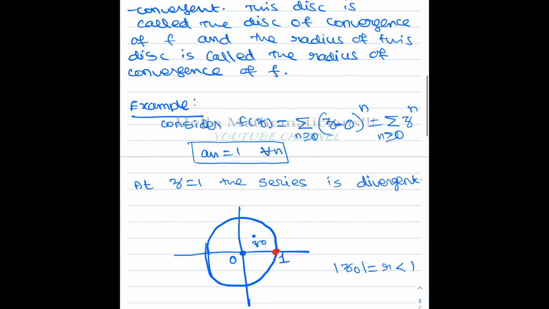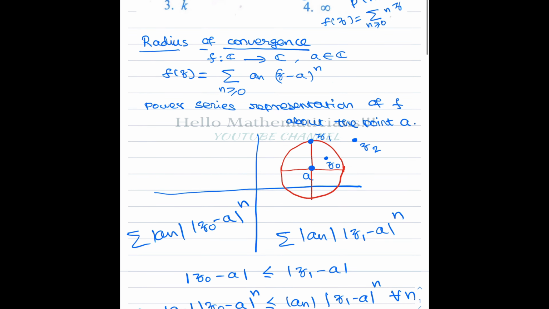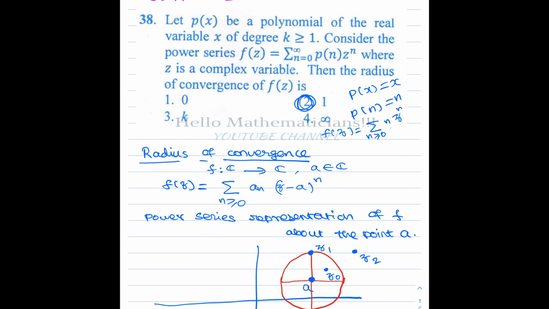It is what I just told you: the largest disk in which the power series converges absolutely, and the radius of that disk is called the radius of convergence. That is a very important thing. Once you know the definition of radius of convergence, you can solve any problem easily.